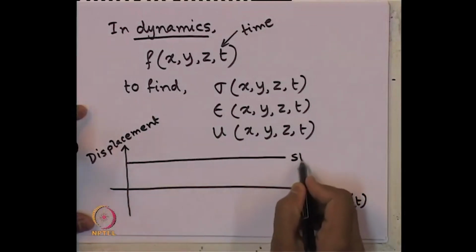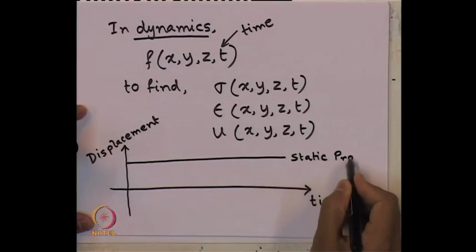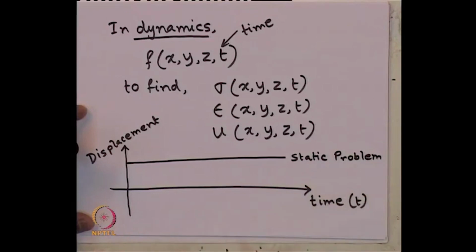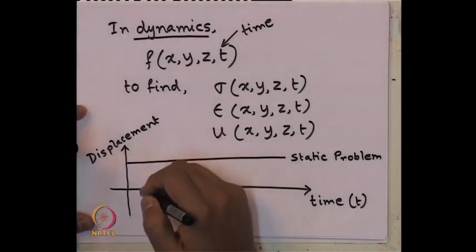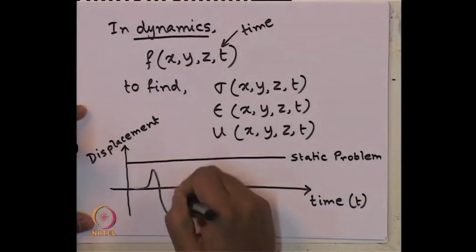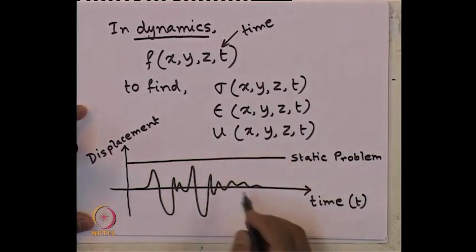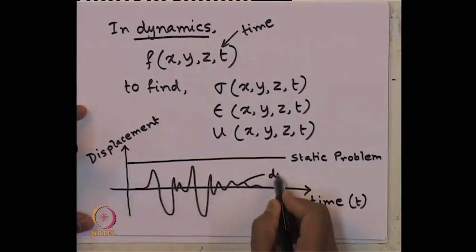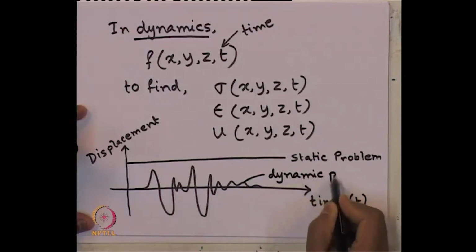So, this is the static problem. However, in the case of a dynamic problem it will be a function of time. So, this is some variation with respect to time that we will observe in the case of a dynamic problem.